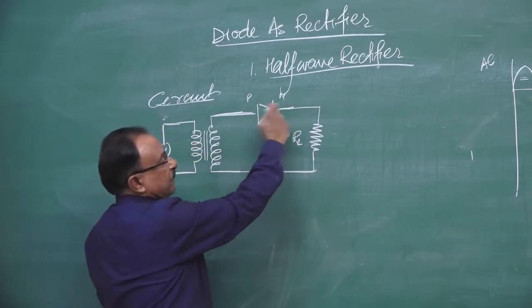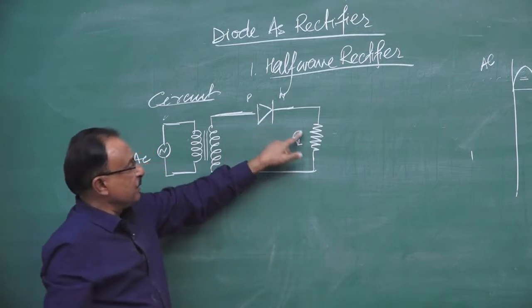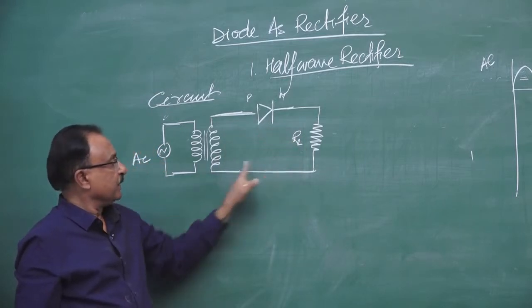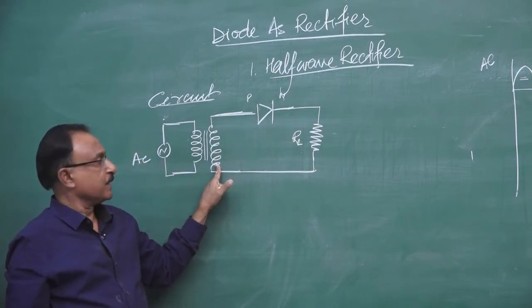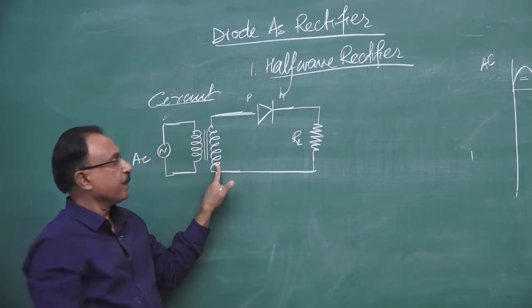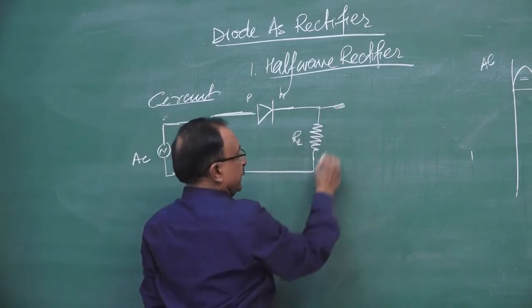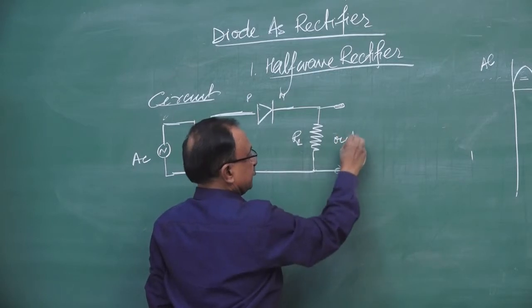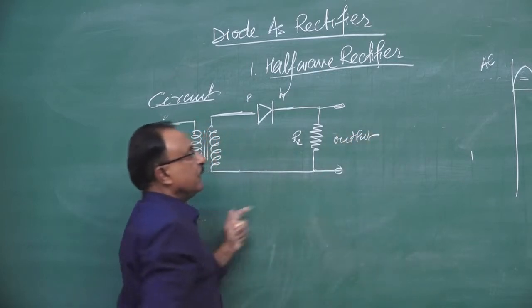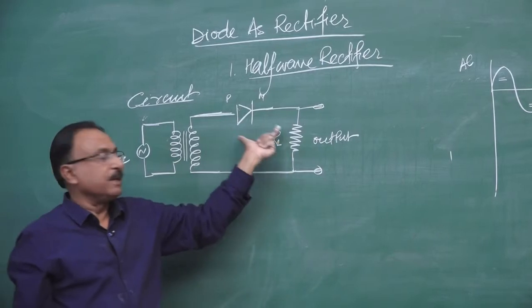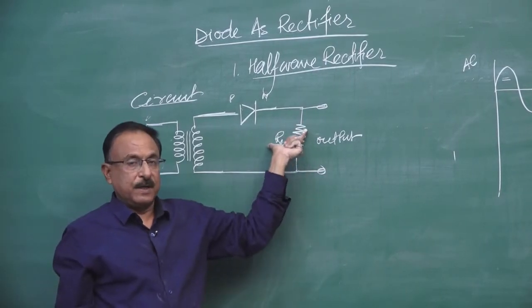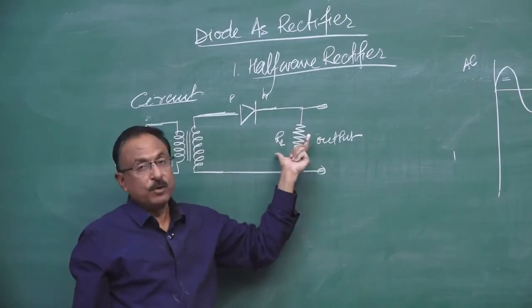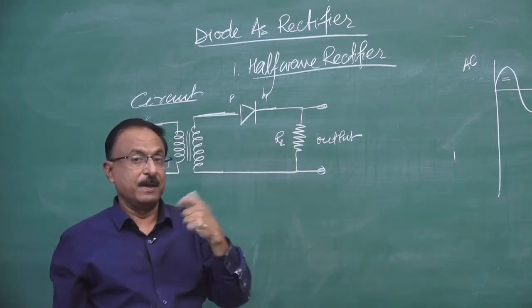So the PN junction is connected in series with the load resistance across the secondary coil of the transformer. Across the load we take the output. Here the load is whatever device you connect, across which you want to take the output. It may be a voltmeter, a bulb, or a microphone.